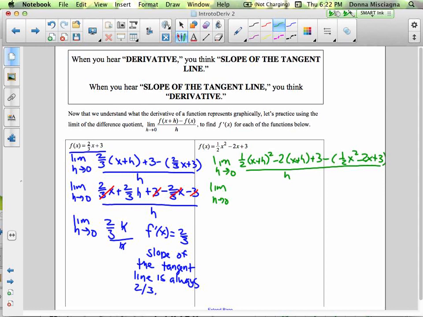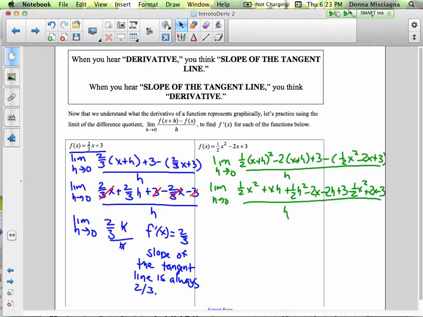And again, I'm going to expand and multiply at the same time. So this is going to be 1/2 x squared. So 1/2 times 2xh, that's just going to be plus xh. And then plus 1/2 h squared minus 2h plus 3. Squeeze it in, minus 1/2 x squared plus 2x minus 3. Oh, just squeezed it in. All divided by h, and aren't you glad some of these are canceling out?